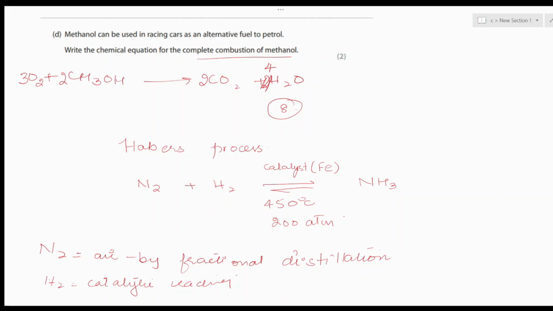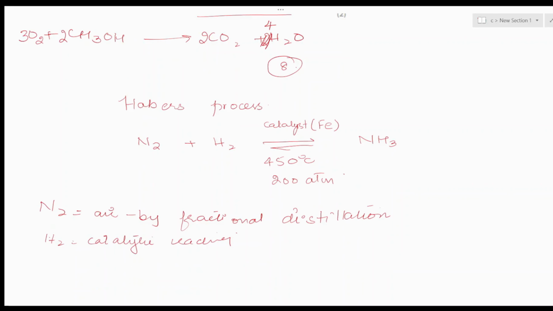Nitrogen we get from air, and hydrogen from cracking of alkanes. Good. So the raw material is air and the raw material is hydrocarbon.